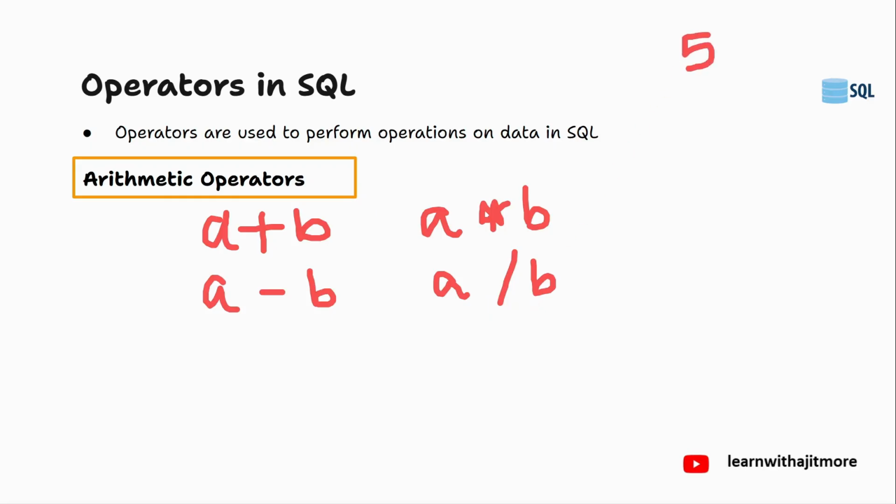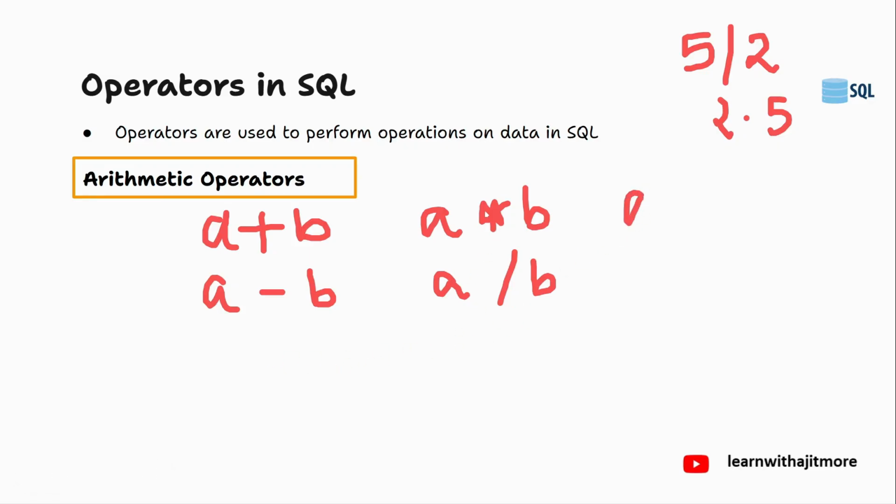If you have a programming background, you may doubt this, but what I'm telling is right. 5 divided by 2: in some languages, integer by integer gives an integer, but here the answer is float. It will give you 2.5.